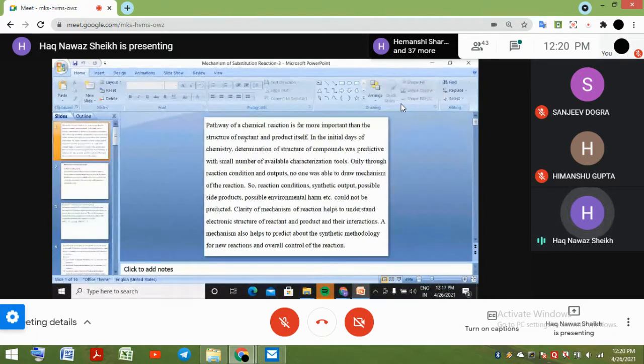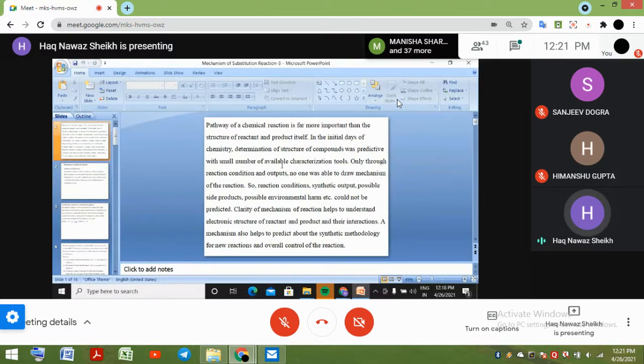So the pathway of a chemical reaction is far more important than the structure of the reactant or product. In the initial days of chemistry, the determination of the structure of a compound was predictive, as the sophisticated instruments were not there, and they were only tentative ideas.